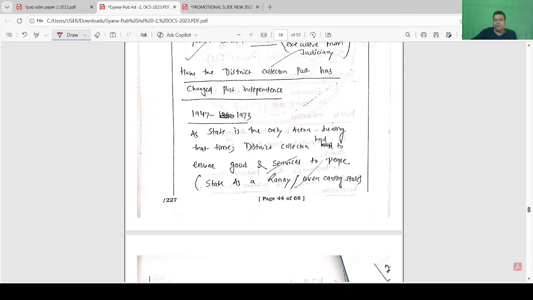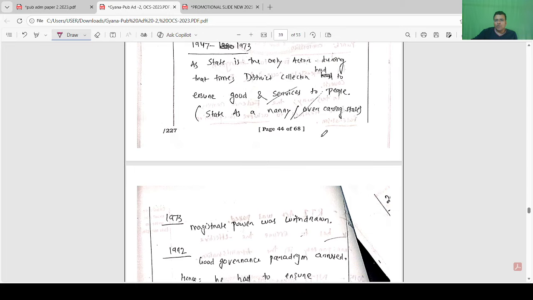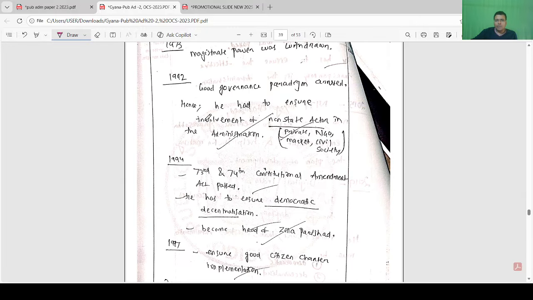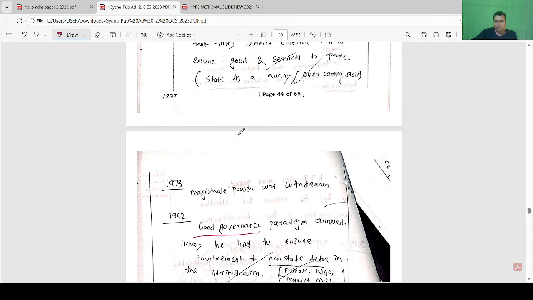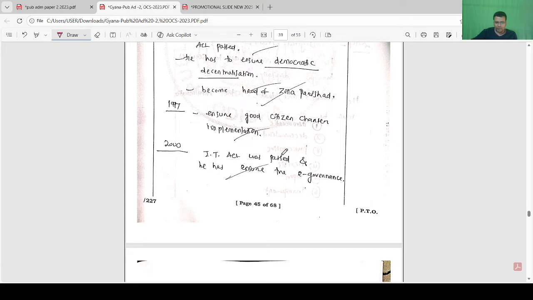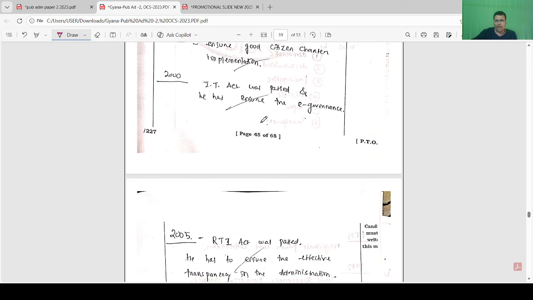After 1947 to 1973, state only, actor at the time. The district collector has to ensure good service to people, magistrate power withdrawn, good governance paradigm. He has to ensure good governance paradigm; the evaluator will give marks for that. 73rd, 74th, democratic decentralization, citizen charter, IT.